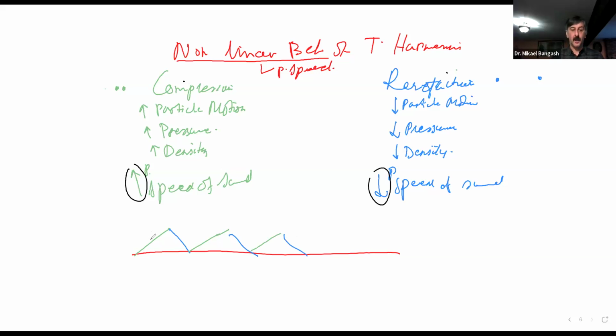Due to these ups and downs, that's a nonlinear behavior in the propagation speed of sound, which all depends upon whether the particles were compressed or rarefied.